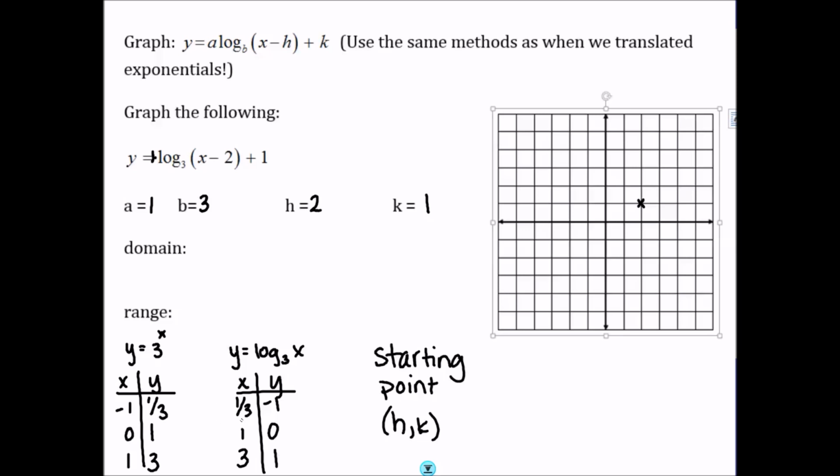So I'm going to go 1/3 in the x direction and -1 in the y direction from this x. So it's about there. Then I'm going to go 1 to the right and up 0 from the x, and then 3 to the right and up 1 from the x.